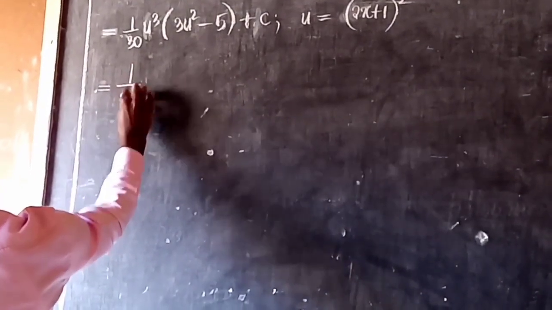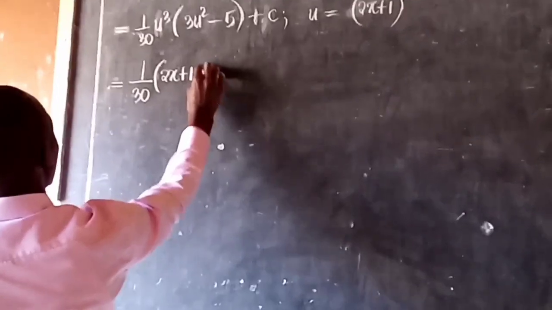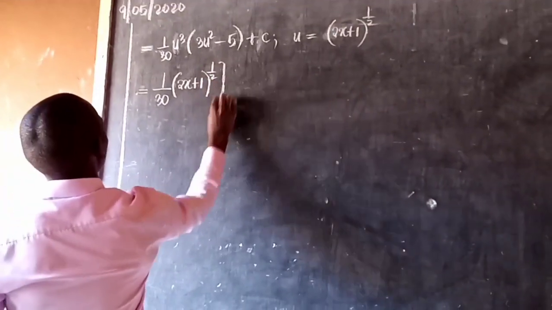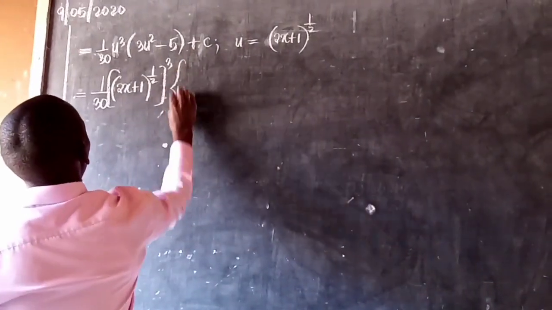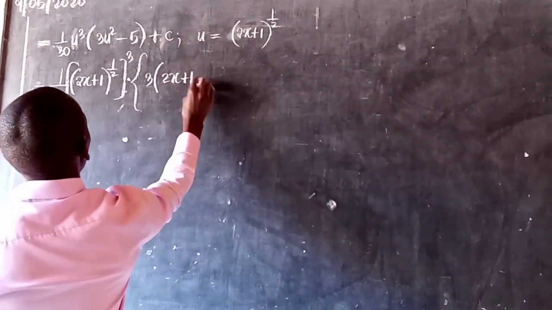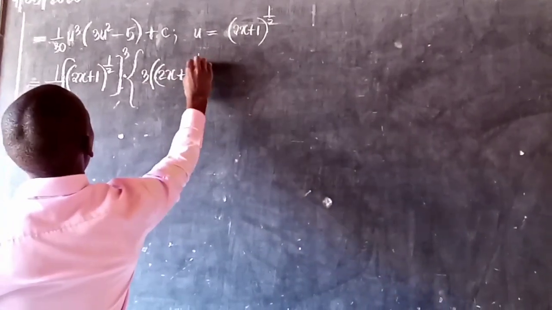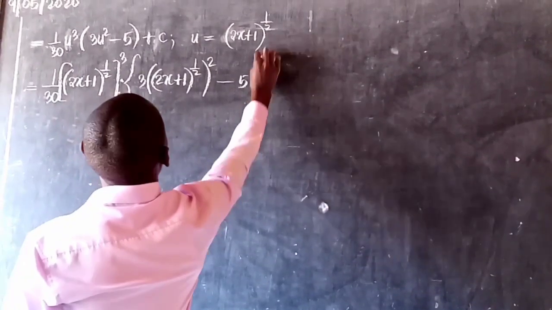This is 1 over 30 into (2x plus 1). It's power half, but here the whole term is raised to 3, into 3 into (2x plus 1). The term is power a half, but all squared, minus 5.